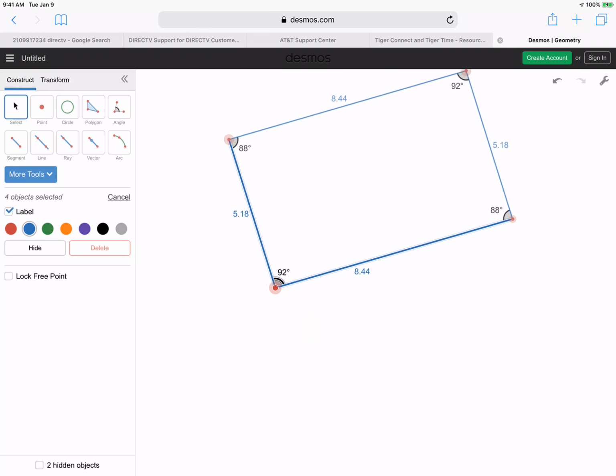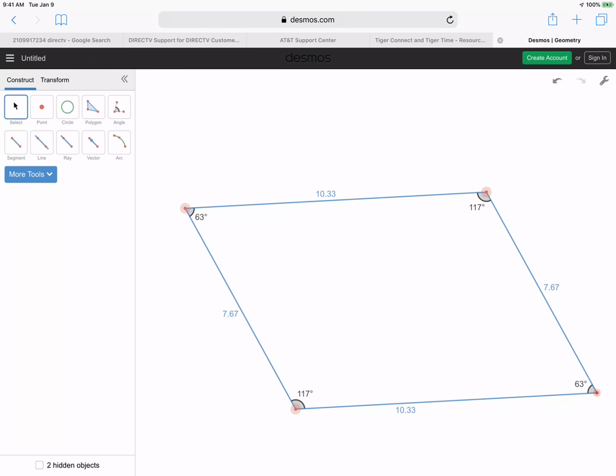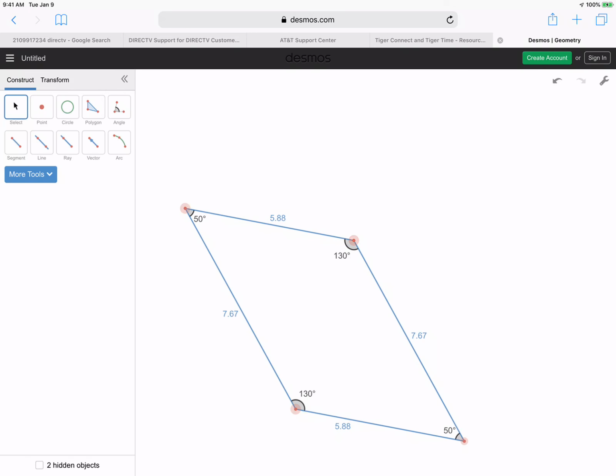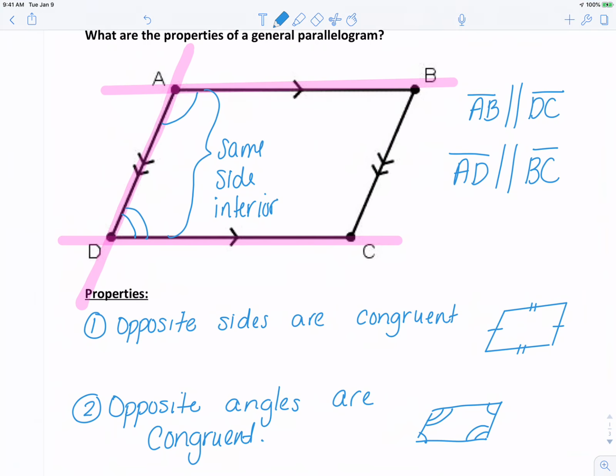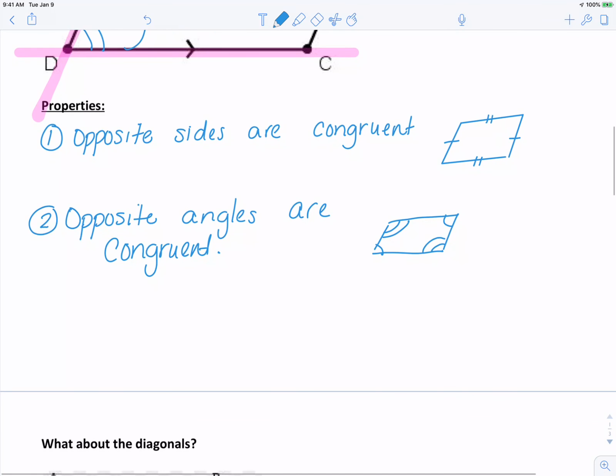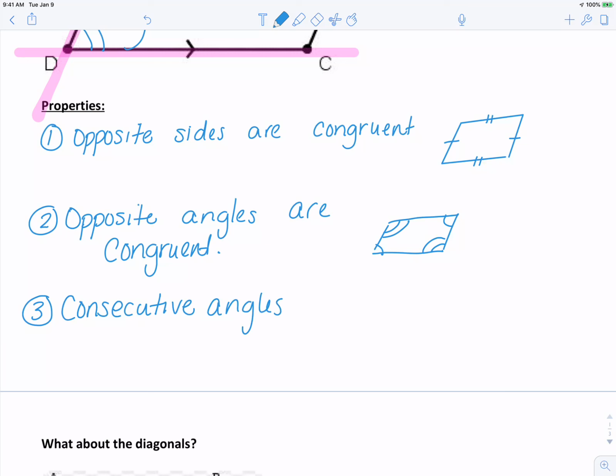So it doesn't matter how I change this parallelogram, I'm going to have consecutive angles that are supplementary. One more example, 50 and 130, that's 180. So our third property of parallelograms would be that consecutive angles, so anything that is not opposite, are supplementary.